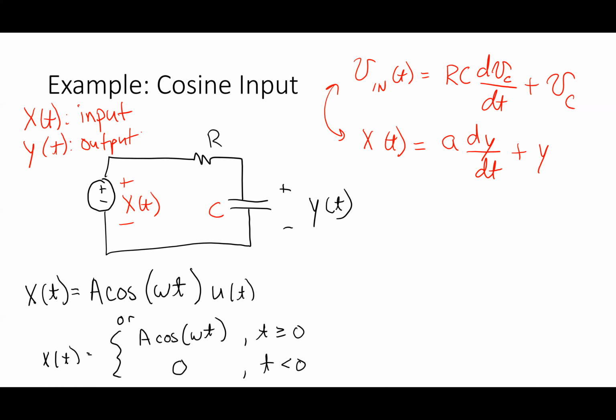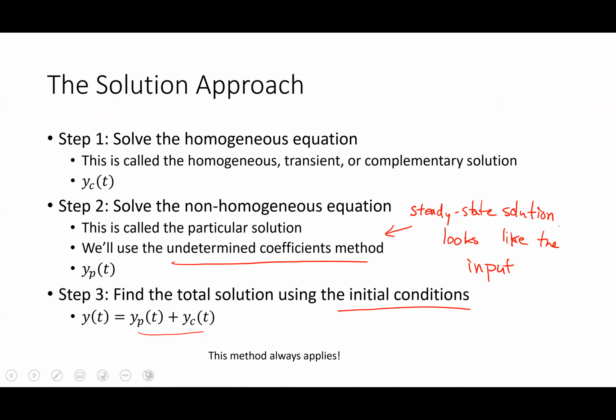All right, so this guy has two types of solutions, right? He's got two pieces of solution. And I talk about my process here. So I solve for the homogeneous, solve the non-homogeneous, and then find the total solution.